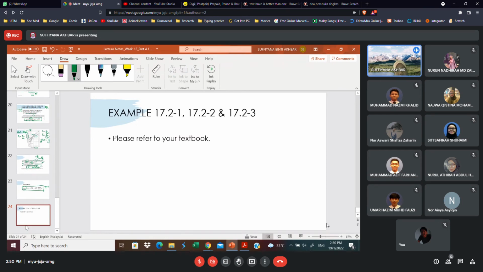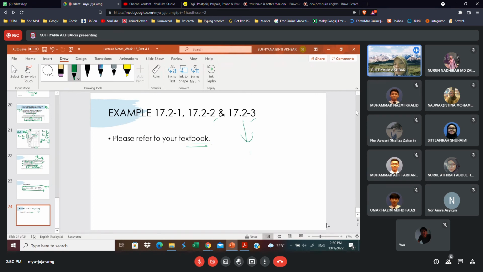Okay. So to make sure you understand how to estimate the mass diffusivity, you can look at and try examples 17.2-1, 17.2-2 and 17.3-3 in the textbook.